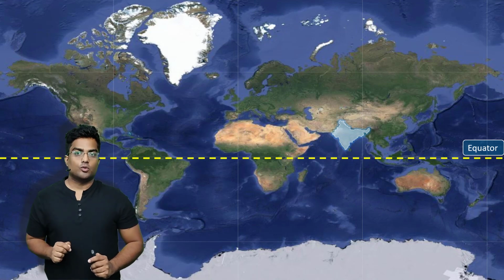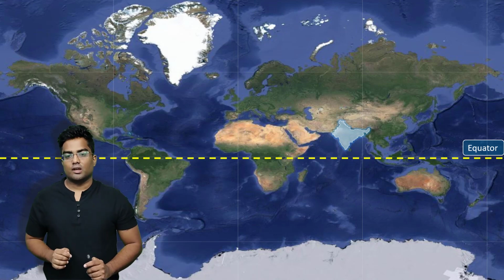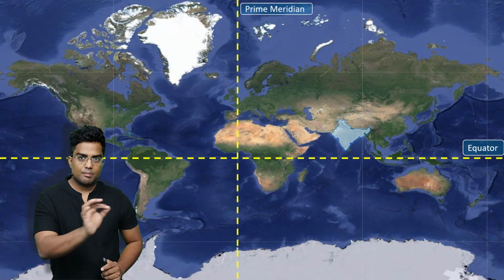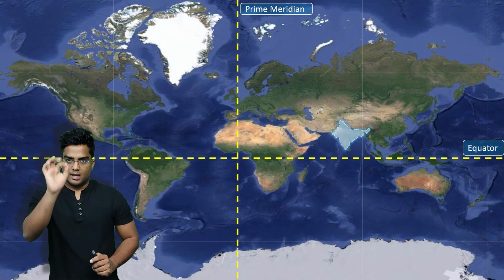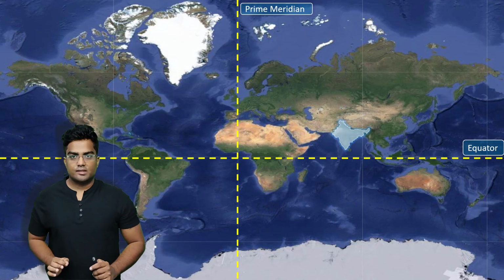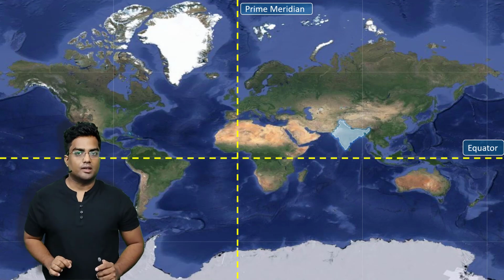Similarly, what we are going to do here is split the map vertically. Earlier we split the map horizontally, now we have split the map vertically. The line which splits this particular map vertically is known as the prime meridian.